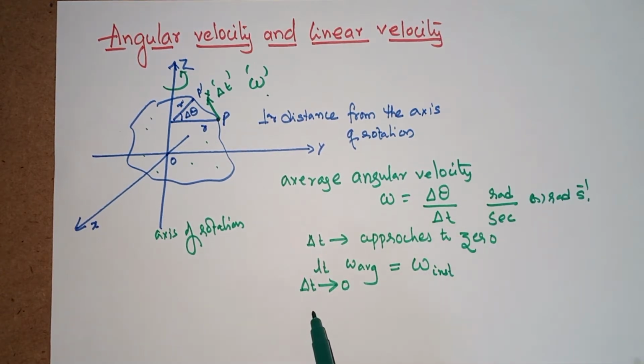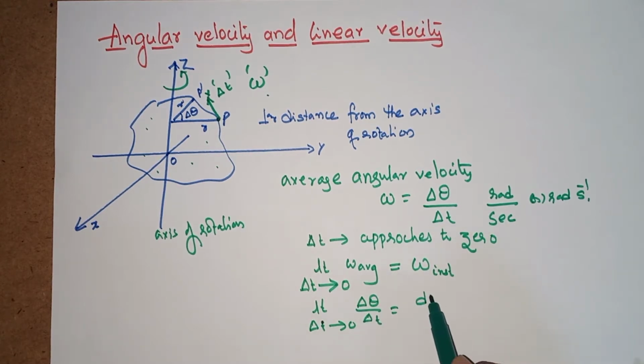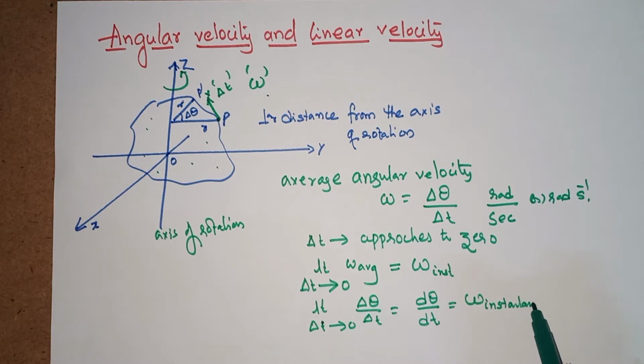How to write this? Limit delta t tends to 0, delta theta by delta t is equal to d theta by dt, which is called omega, the instantaneous angular velocity.